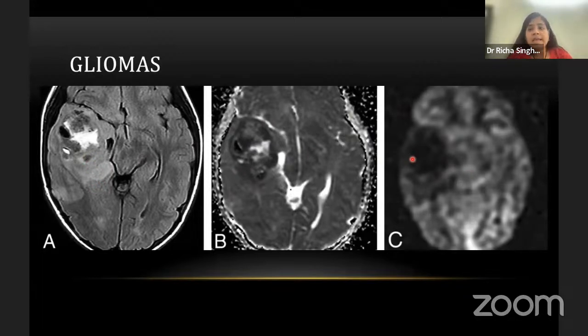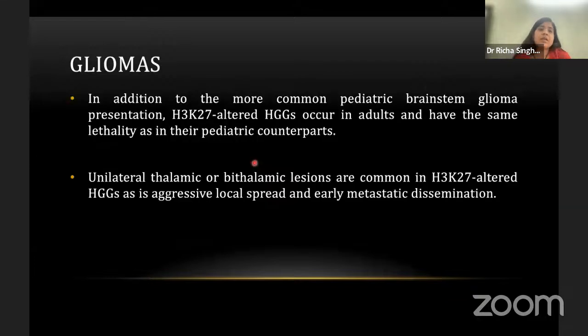So the lesion is high-grade, still there is no high perfusion, still there is no enhancement within the lesion. So this is an example of pediatric hemispheric glioma, H3G34R mutant.